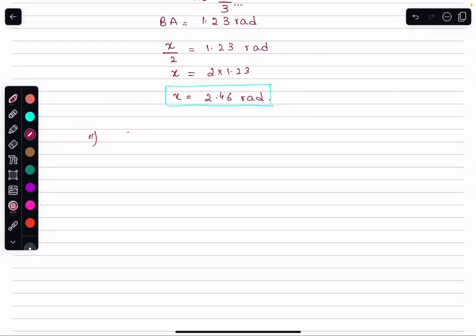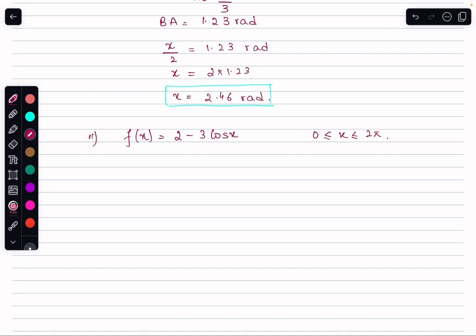Part 2, we need to sketch f of x, which equals 2 minus 3 cos of x, and this needs to be done for 0 less than or equal to x, which is less than or equal to 2 pi. If this is the question, then again I should be looking into the transformations that are taking place. Number 1, we have a vertical translation of 2.